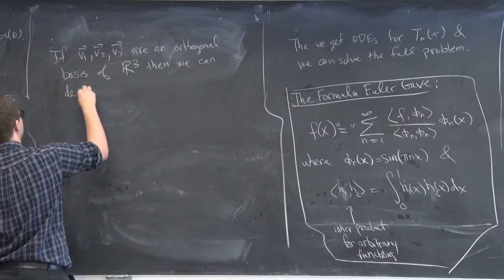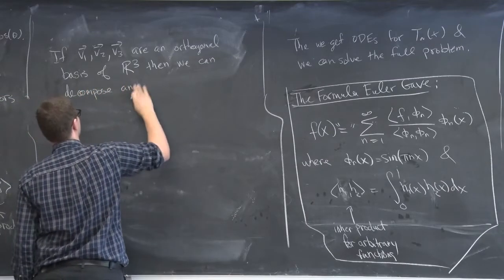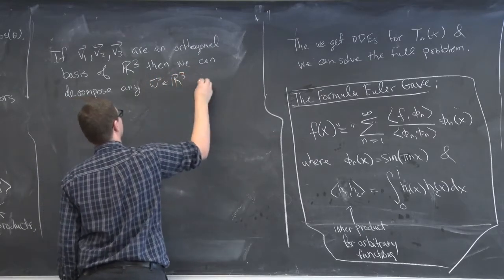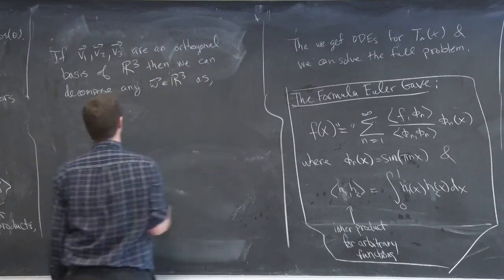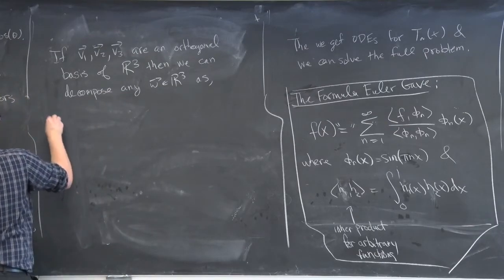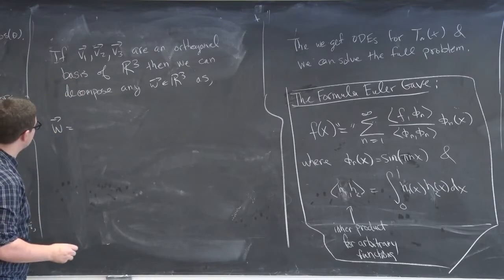Well, we can always decompose into a basis, but we can decompose any, let's say, W in R3 with the following formula. So W can be written as a combination of V1, V2, and V3.